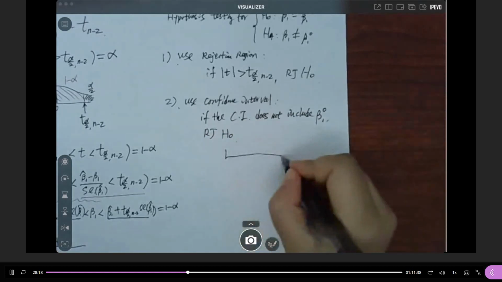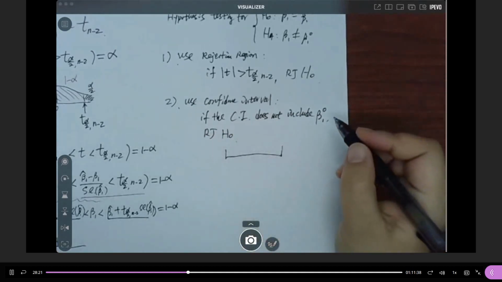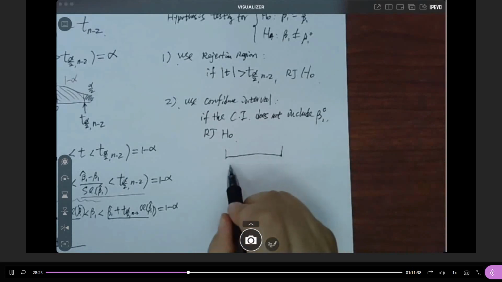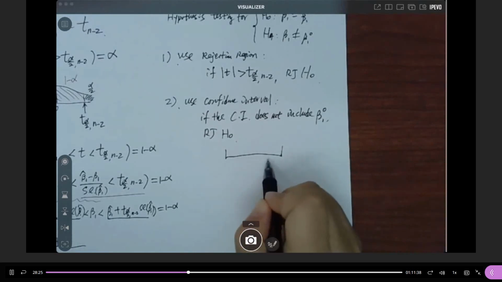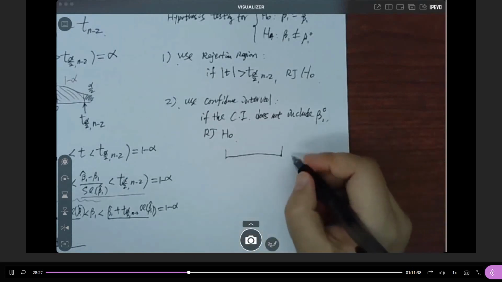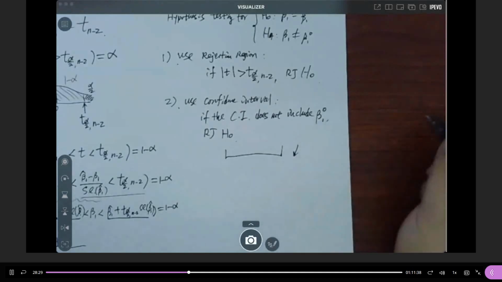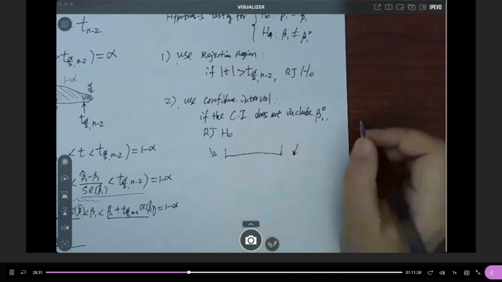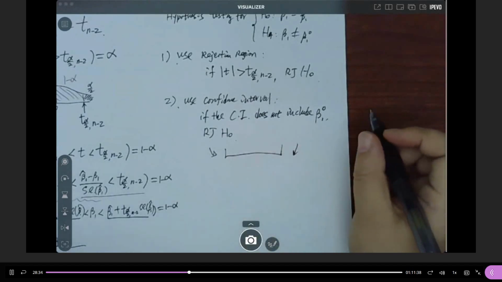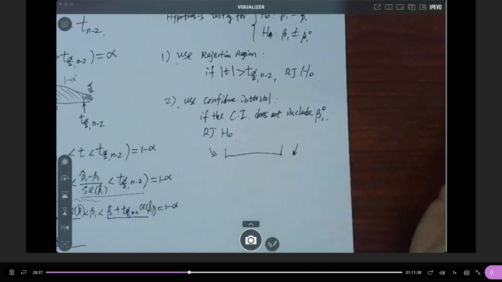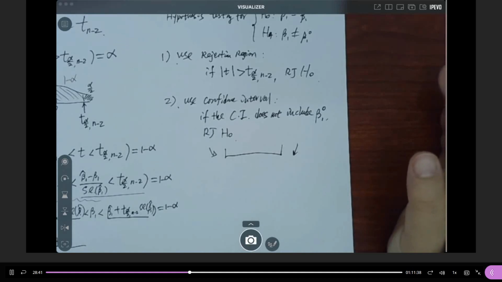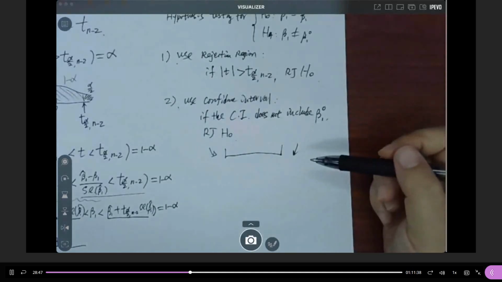In other words, if you have a confidence interval for beta 1, you would say, okay, 95% chance the true parameter should be within the range. However, the hypothesis value is somewhere outside, either left side or right side. Your hypothesis value is not in the 95% confidence interval, let's say. Usually alpha is given as 5%, but sometimes alpha is given as 10%. So the value of alpha could be different, but I'm just using 95% as an example here.